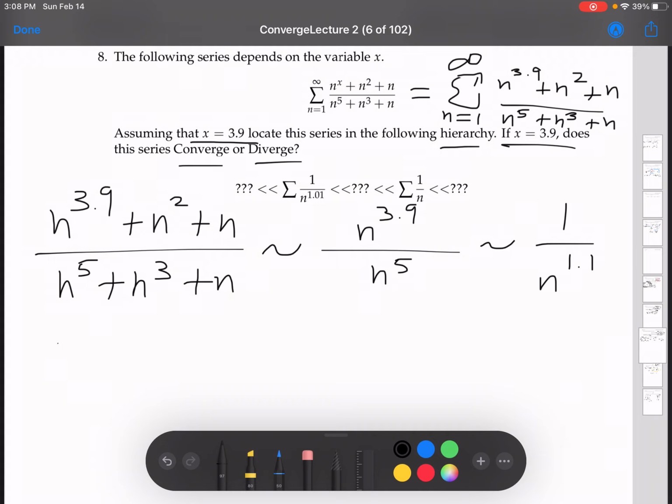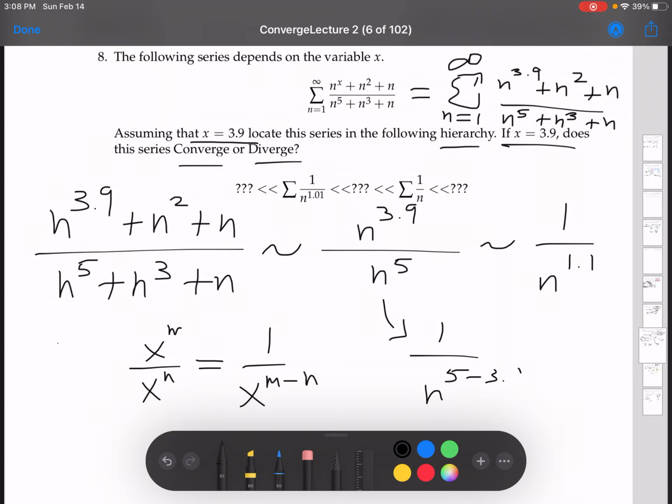Here I'm using a rule for exponents. If you have x to the m over x to the n, this is 1 over x to the n minus m. So this is 1 over n to the 5 minus 3.9.